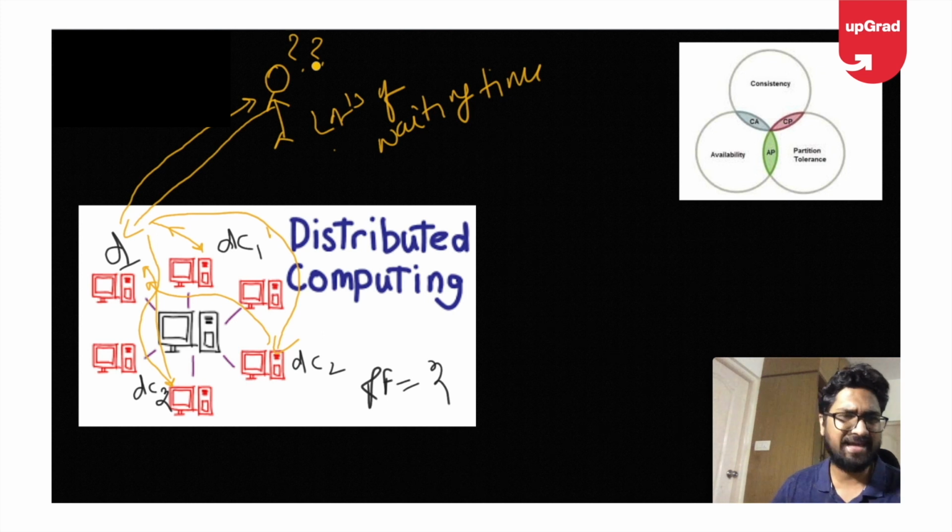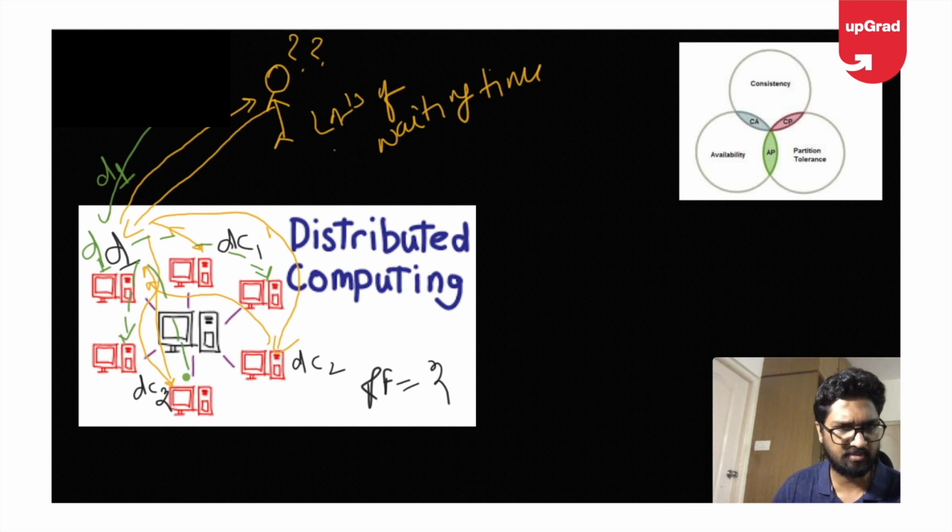Now to mitigate that, what other people suggest is that whenever a client makes a request, for example, another client makes a request to write some data D1, you write it directly here, but all the writes to the other machines, you try to do asynchronously. The dotted lines you see are trying to write to the other machines in an asynchronous fashion. What is the meaning of asynchronous fashion? It is not a blocking call.